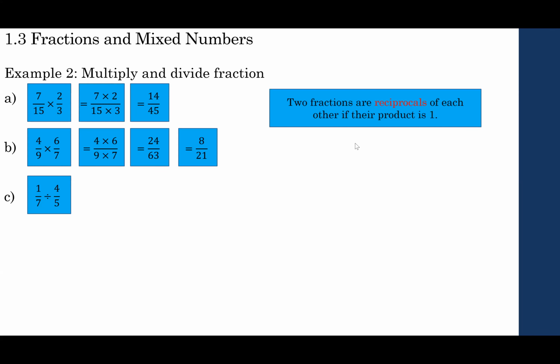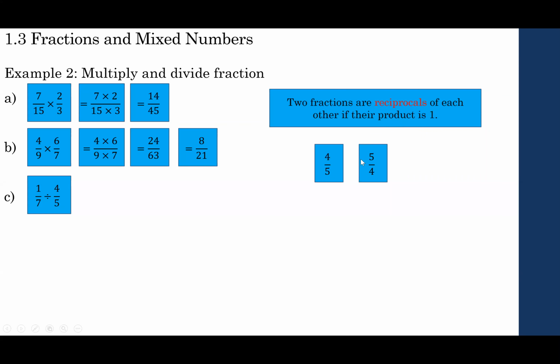Sometimes the math definition is more confusing than the actual problem itself. The reciprocal basically tells you to take your fraction and flip it around. For example, the reciprocal of 4 over 5 is 5 over 4. If you multiply these two, their product is equal to 1.